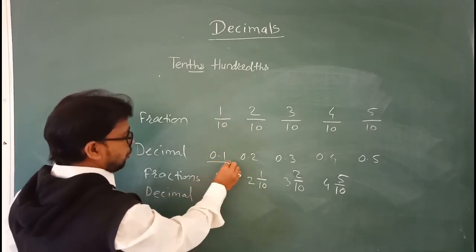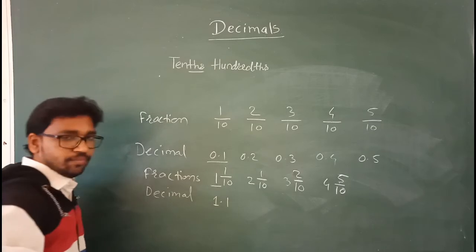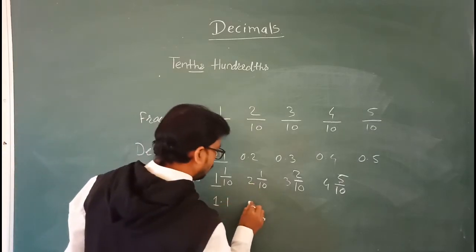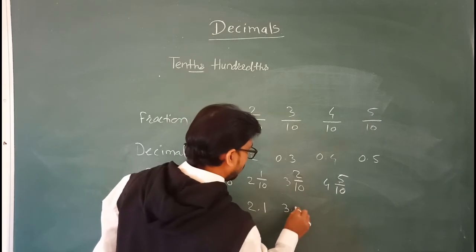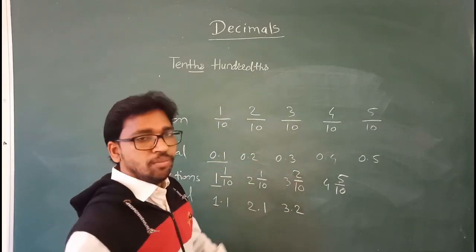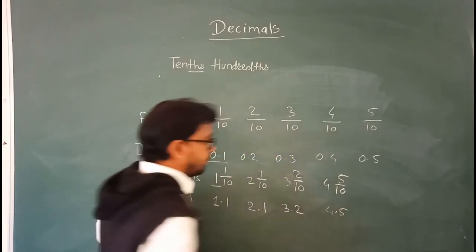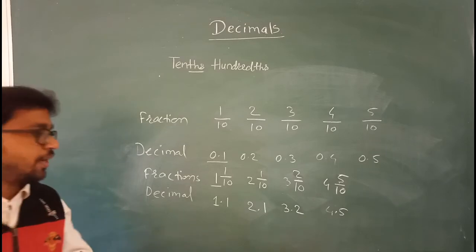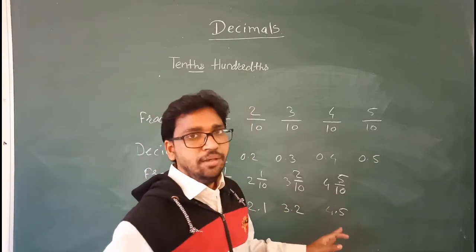So 1/10 is 0.1. Here it is 2.1. Here it is 3.2, because 2/10 is there. 2/10 is 0.2. Here it is 4.5. No need to write 0.5. Simply we write 4 at the whole place.